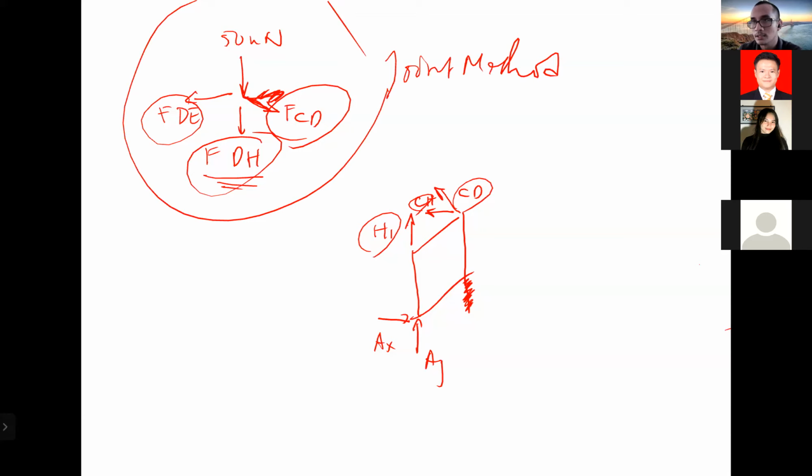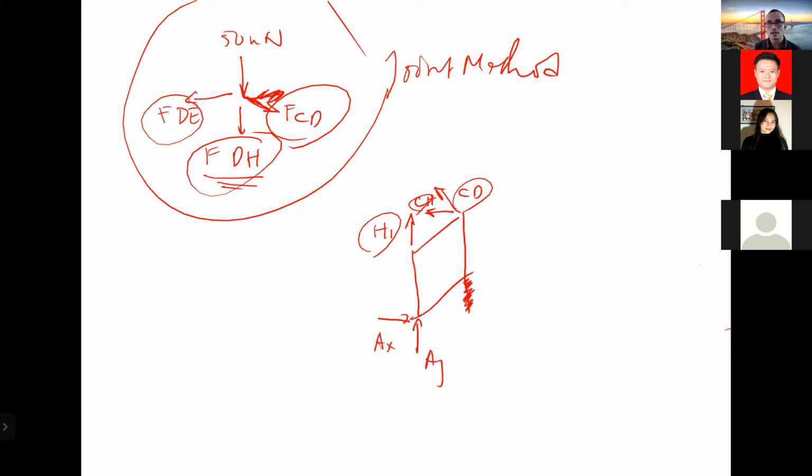You can use the best possibility to use a section method. Then if it's not possible to solve all the problems in one method, then you can combine section and join method. Okay, I get it, sir.